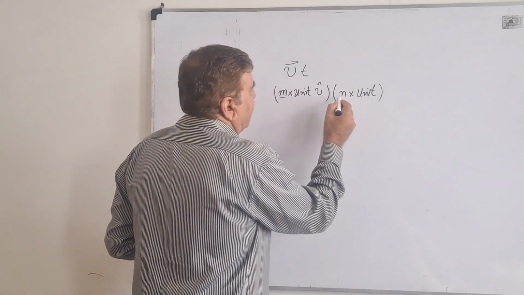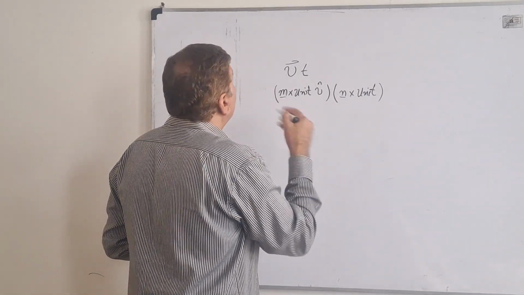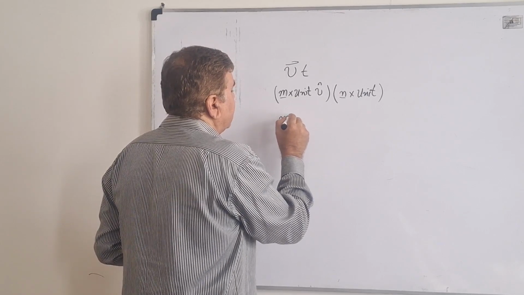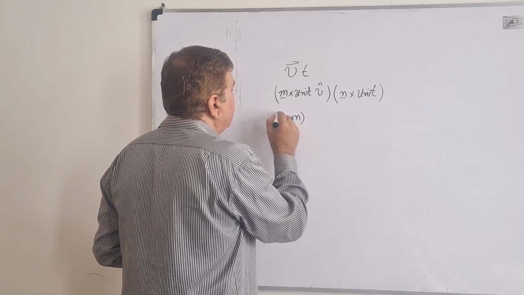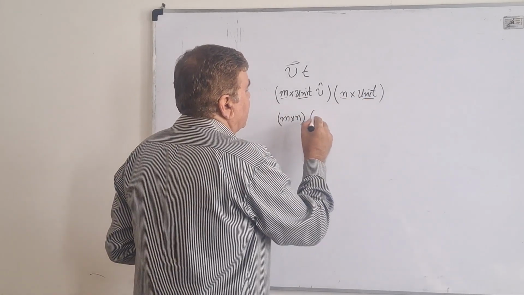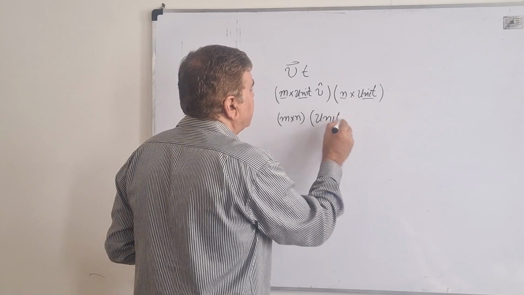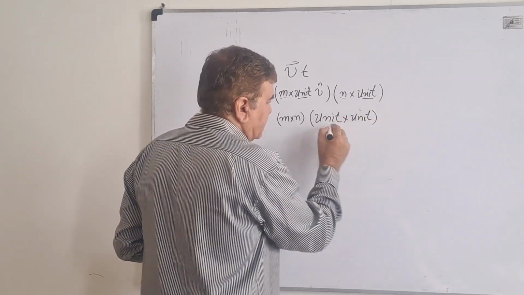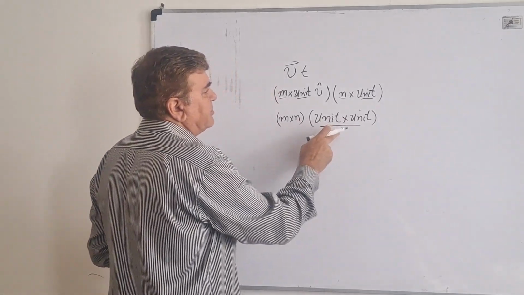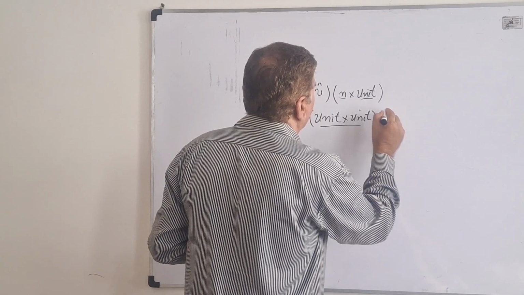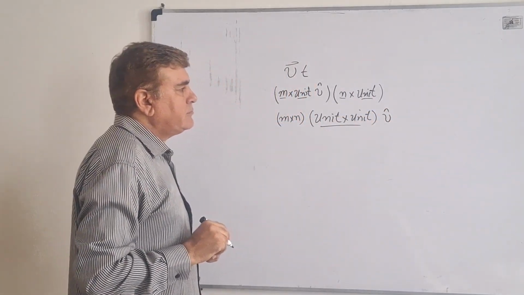This number and this number multiply with each other to make another number, m times n is another number. Then this unit of velocity times another unit, time, is a third type of unit, and then this unit vector we write at its own position.